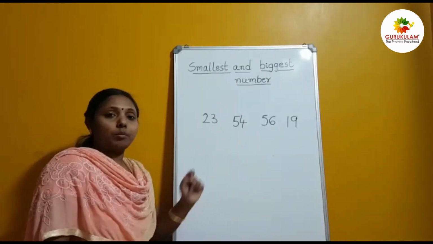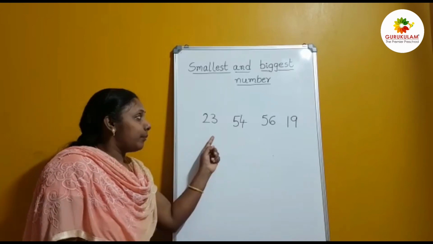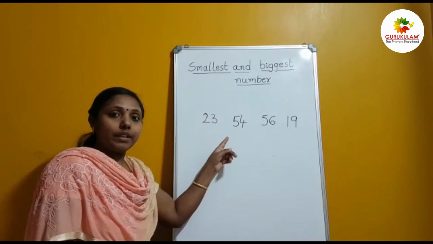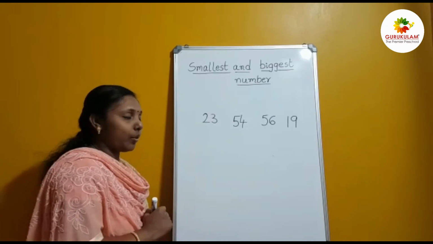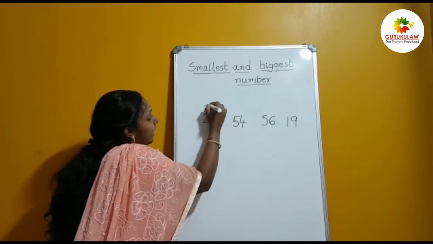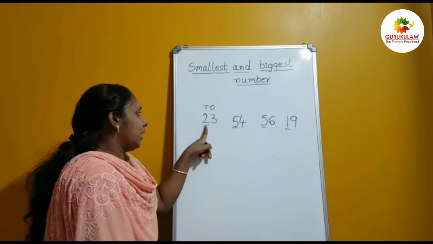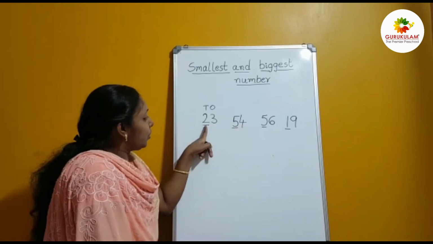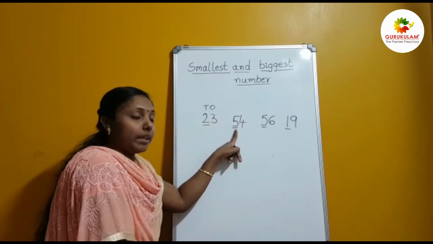Let's see one more example. Now, let's find out which is the biggest two-digit number among these. Children, when we take two-digit numbers, we know that we have to compare the ones and tens place. Now, if you compare tens place, here number 2. When 2 is compared with 5, 5 is the bigger number.